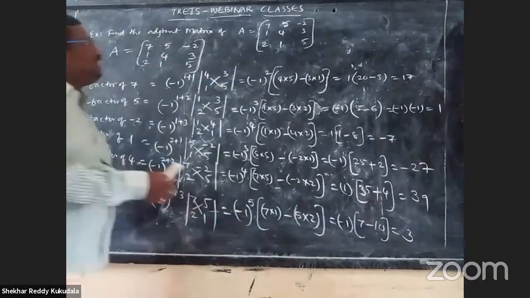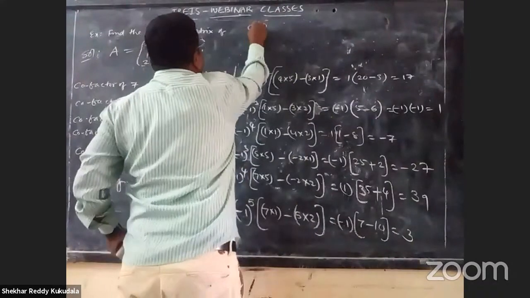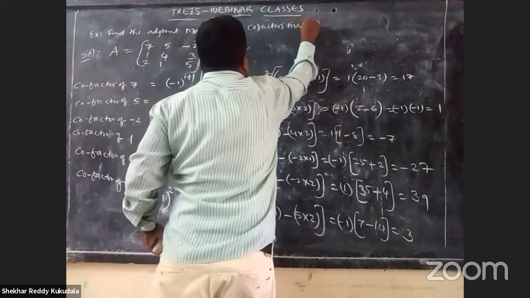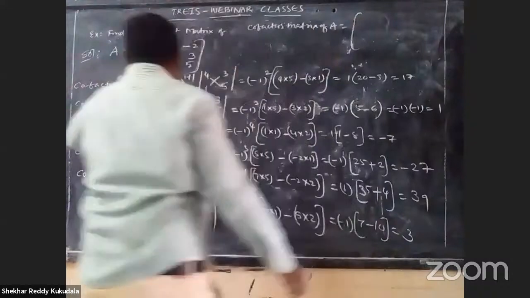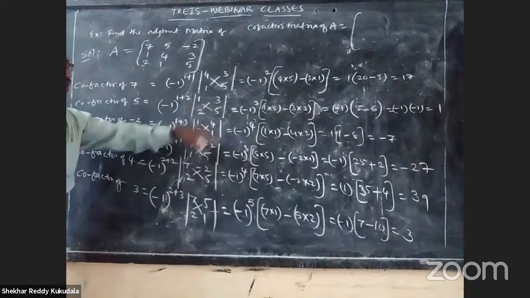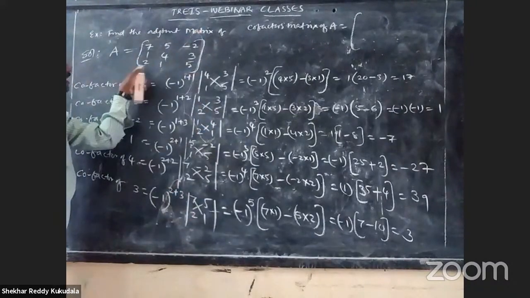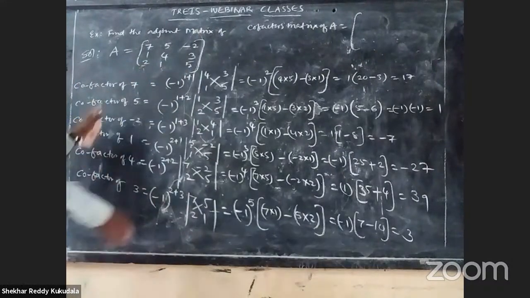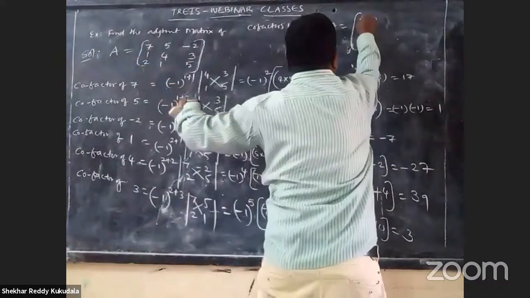So I will write here the cofactors matrix. The cofactors matrix of A is equal to, first, because there is a space constraint, I will note down all these 6 cofactors at one place. Later I will find out the cofactors for the rest of the 3 elements. So 7's cofactor is to be replaced by 17.